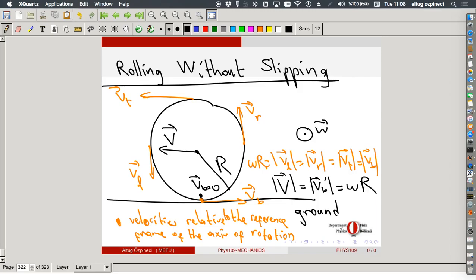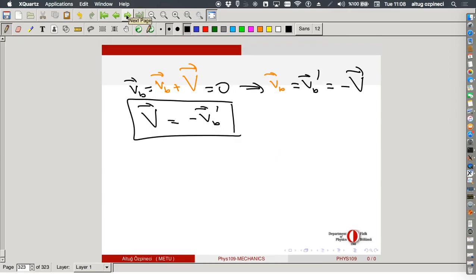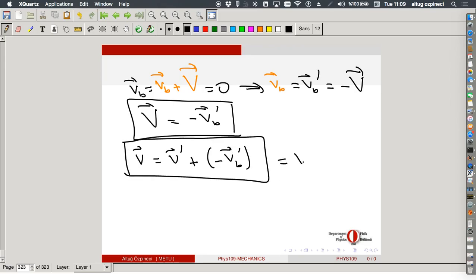Now let's look at the velocity of the top point. You see, basically what we do to go to your reference frame is V is equal to V prime plus V. This is what we always do.